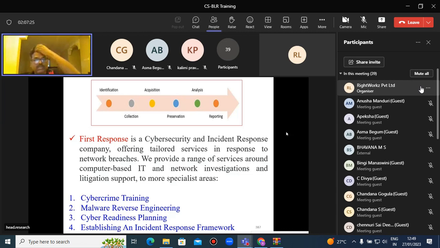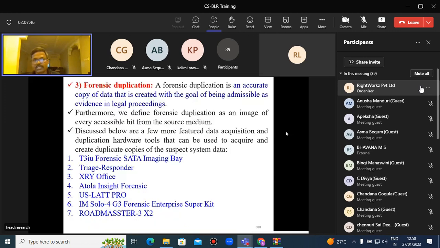So these are the steps we are following. See in the diagram, identification. Through data survey, we are collecting the identification of the company. Then collection of the data, acquisition of the data, presentation, analysis. So this is about first response.